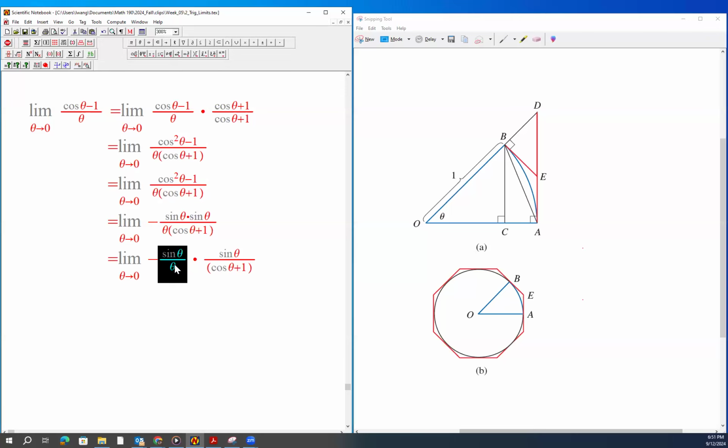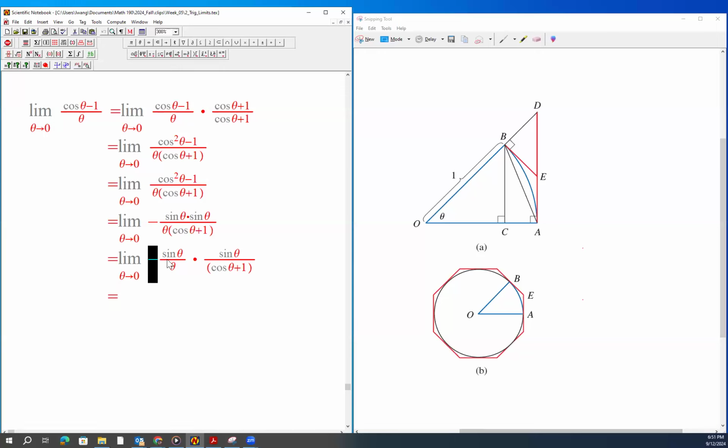And we know this limit. When theta approaches 0, this limit equals 1. And this one has a limit because we can just do direct substitution. The denominator is not going to be 0. So this individual limit exists, and this individual limit exists. And so we can use the limit law, so the next step is going to apply the limit law.